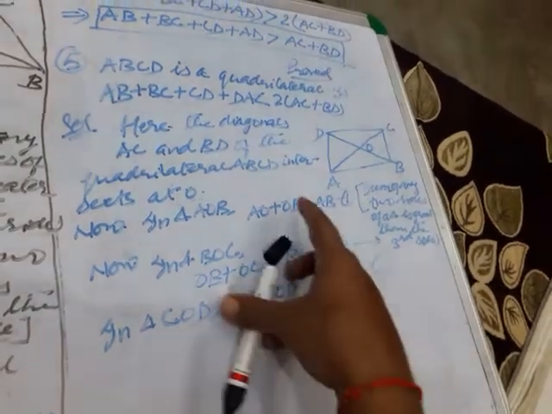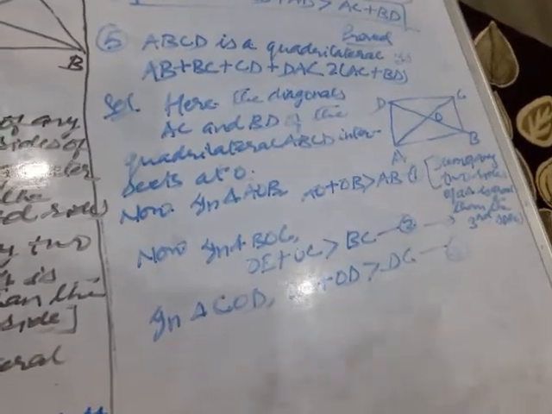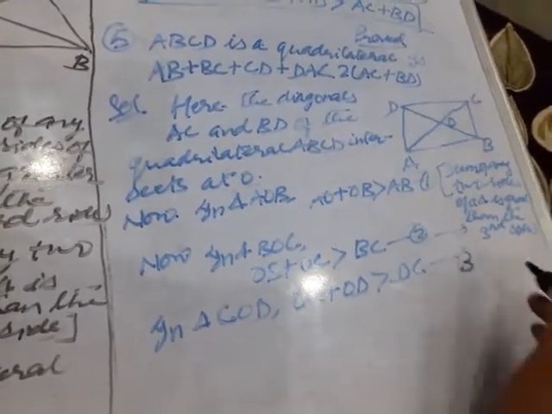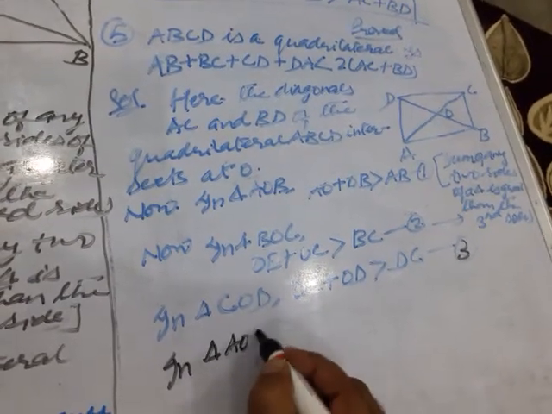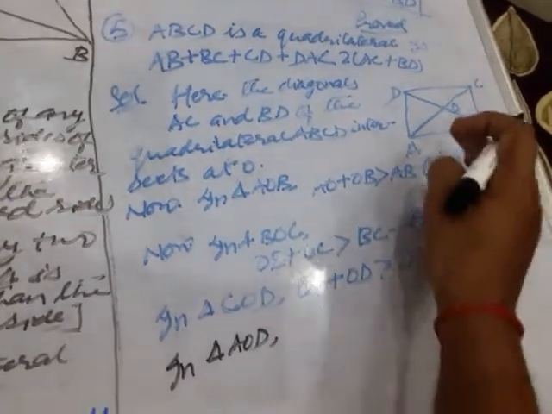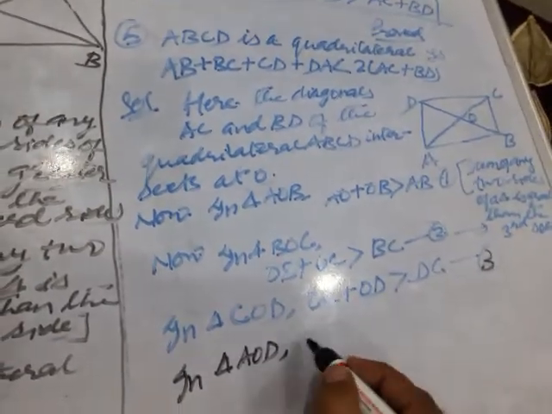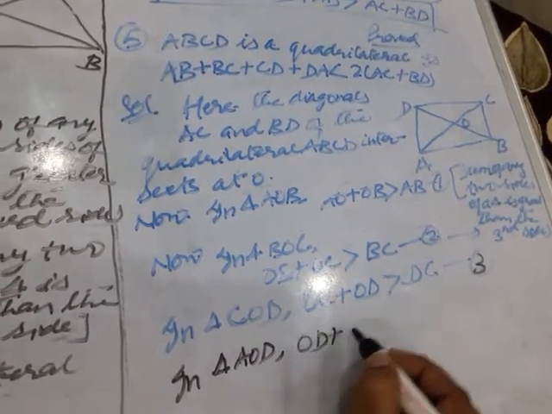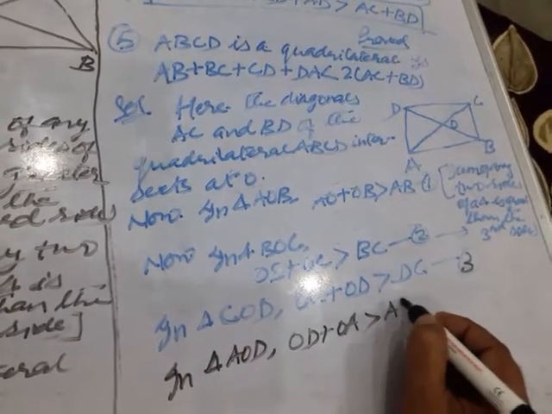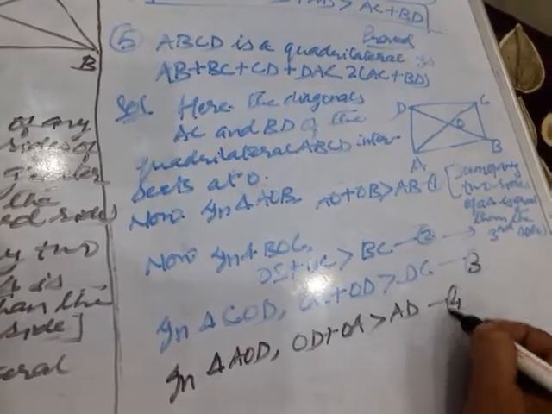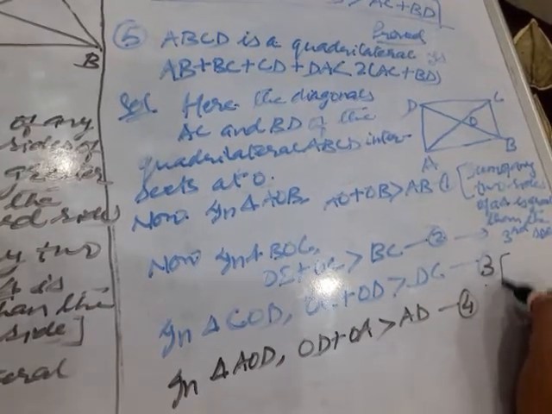Now what is the next triangle? The next triangle is triangle AOD. In triangle AOD, what do we have? OD plus OA is greater than AD. Let it be equation number 4. What is the same property?